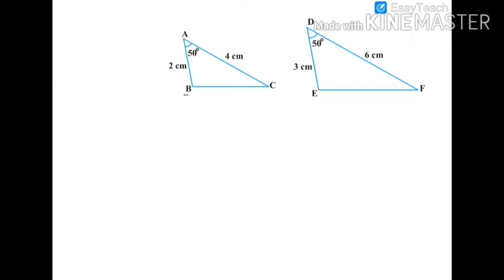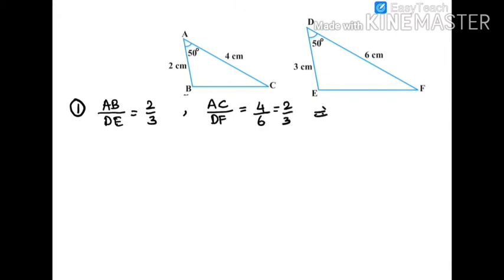Let's find the ratio of two corresponding sides that are given in these two triangles. AB upon DE is equal to 2 on 3. AC upon DF is equal to 4 on 6, which is 2 on 3.